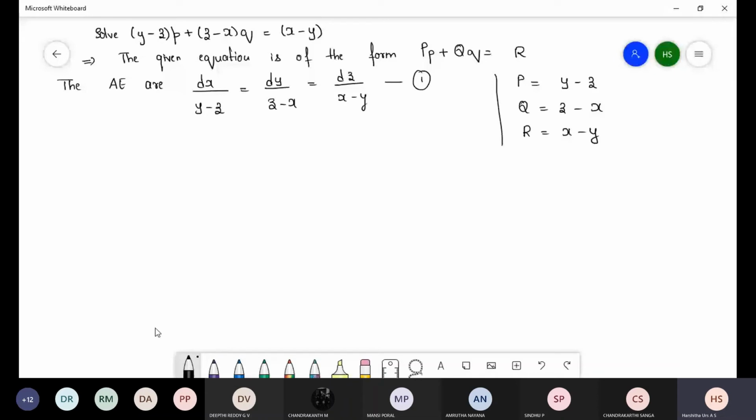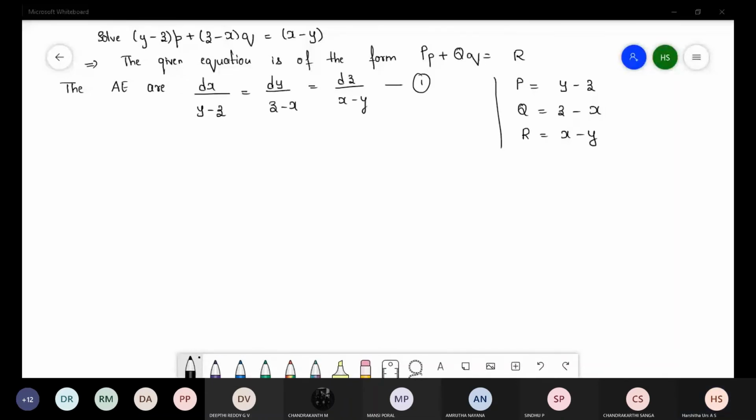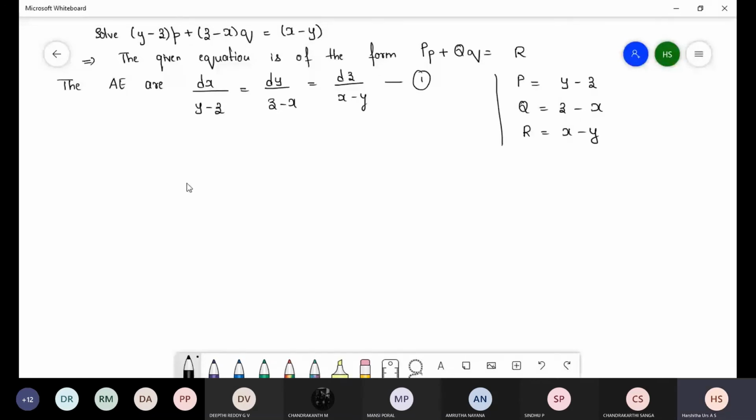Now what we have to do here, we can't write the... write the multipliers, using multipliers.